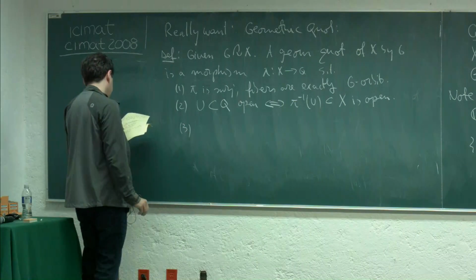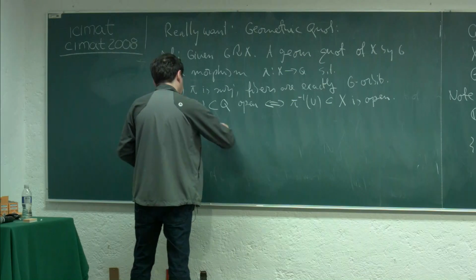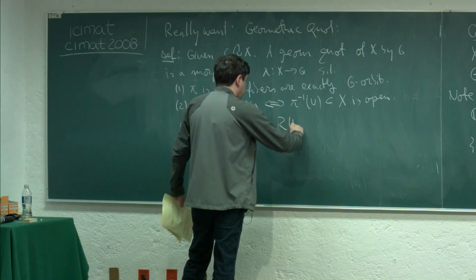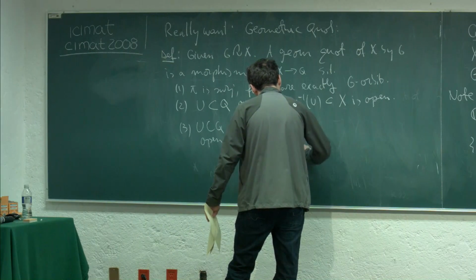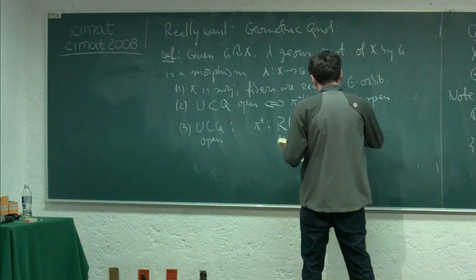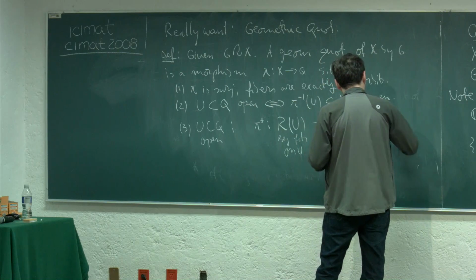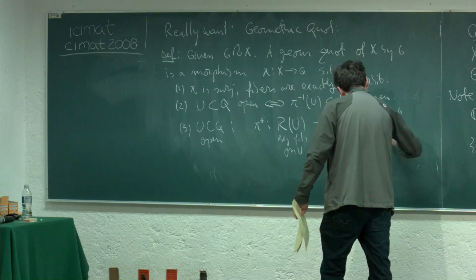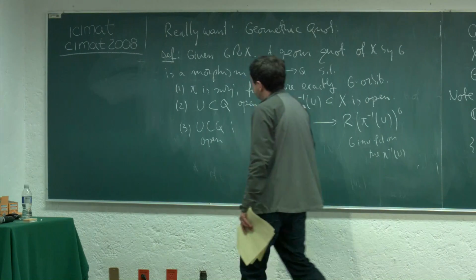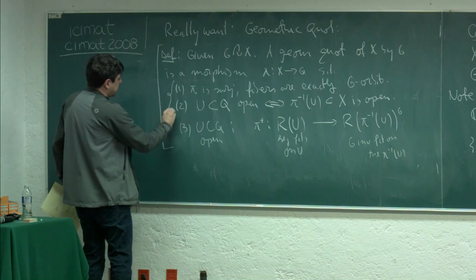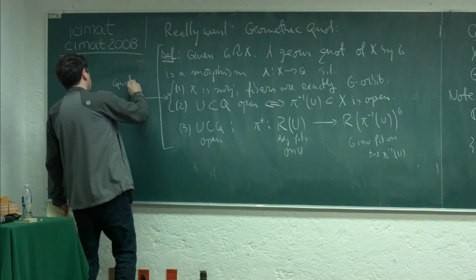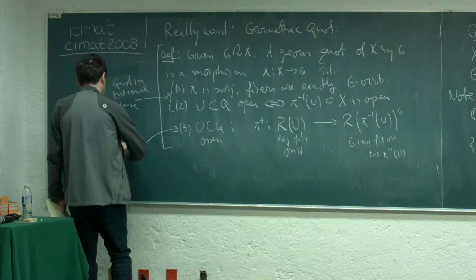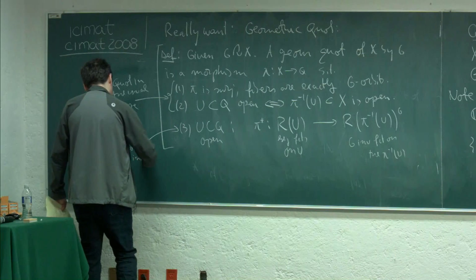And finally, if U in Q is open, then the pullback gives me an isomorphism from the regular functions on U into the G invariant functions on pi inverse U. So basically the first two are the quotient in the usual sense, and the third one is the quotient in the algebraic geometry sense.